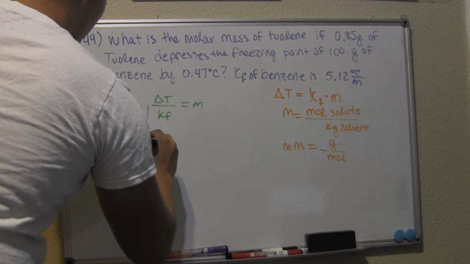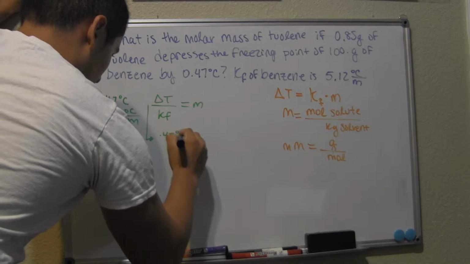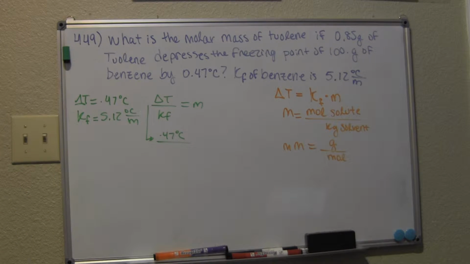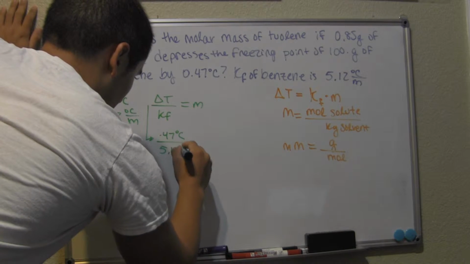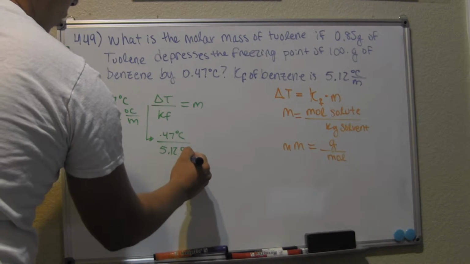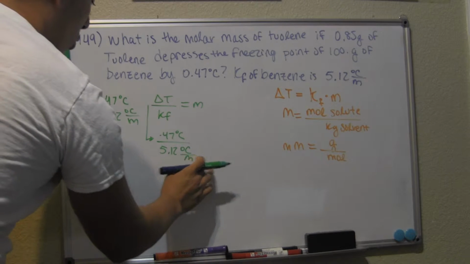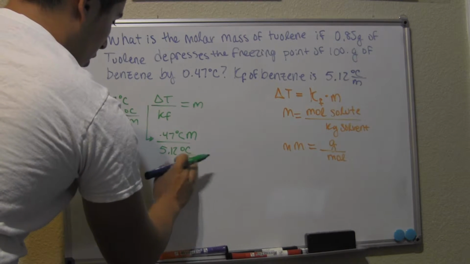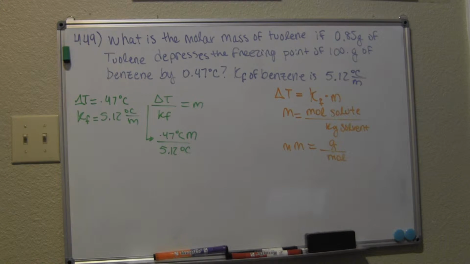Now let's bring this down here. Delta T, which is 0.47 degrees Celsius, divided by 5.12 Celsius per mol. Since mol is in the denominator of the denominator, we can move it to the top up here, which is equivalent to the other way of writing it.